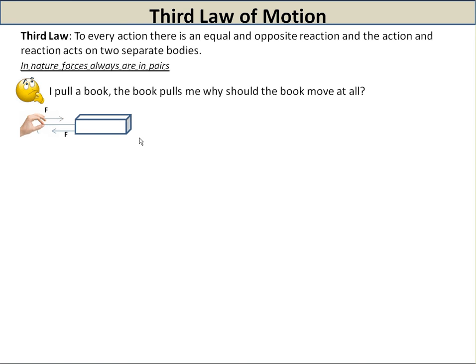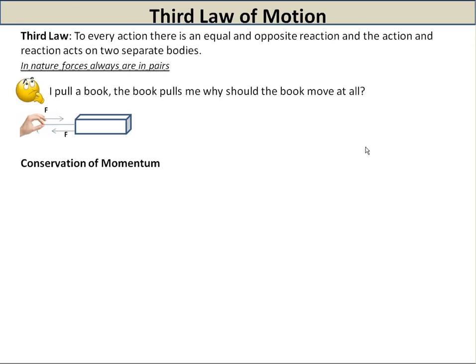As you can see, the book would not have moved at all had there been two forces as shown in the second figure, one in the left direction and one in the right direction, with the same magnitude and the same line of action, acting on the book. But this is not the case, so the book moves towards the left.